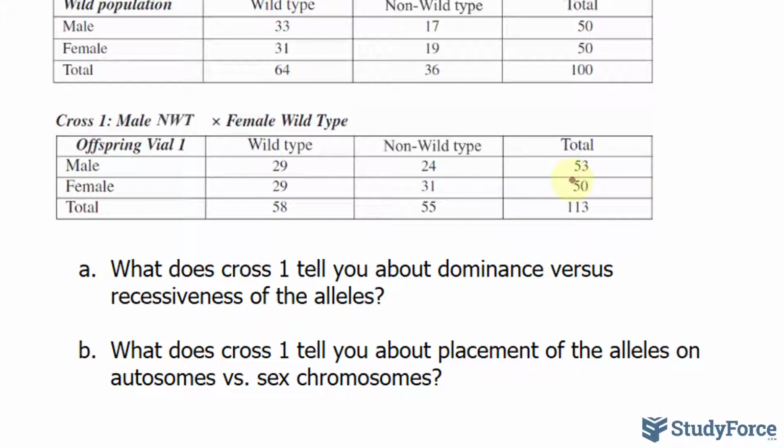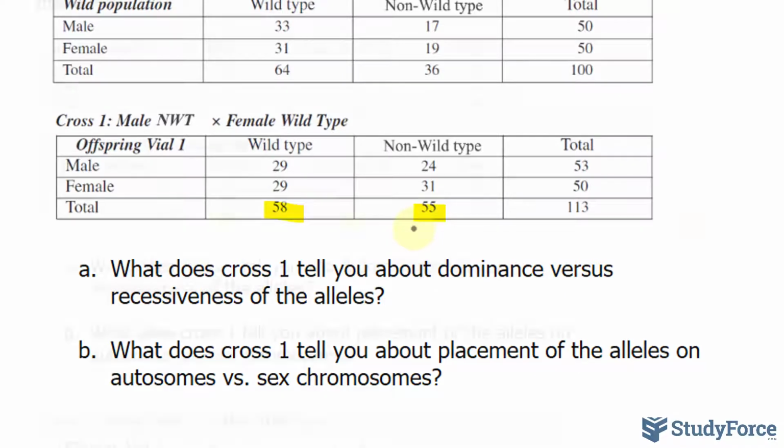And of the 50 female offspring that were produced, roughly 50% were wild type and non-wild type, leaving us with very equal outputs. Question A, what does cross 1 tell you about dominance versus recessiveness of this allele? As you can tell, because these values are roughly equal, we will not be able to determine if the wild type is in fact dominant or recessive.